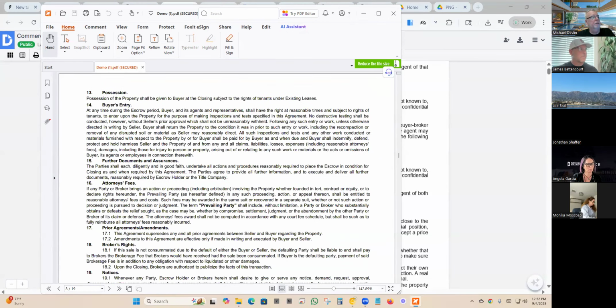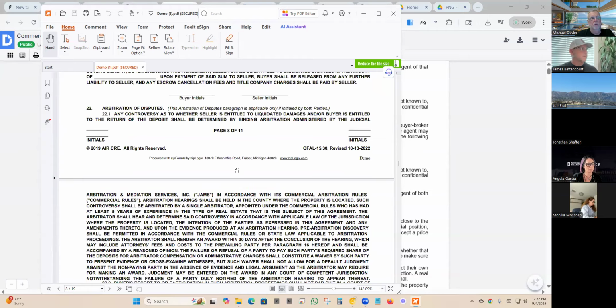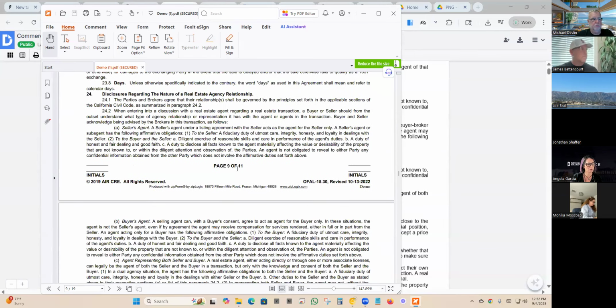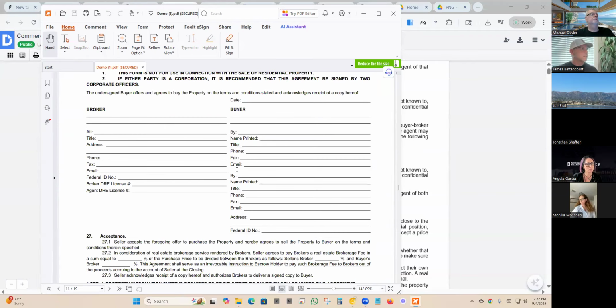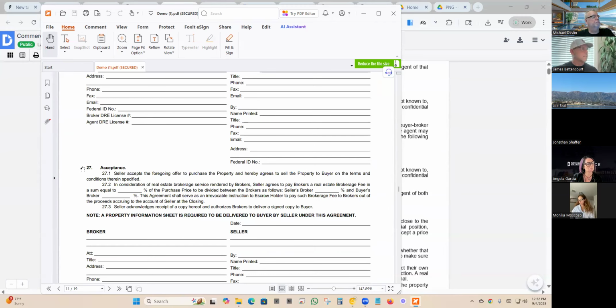So I was hoping to keep this about the California Association of Realtors purchase agreement, because there's a lot that's different between the two. But if you look at paragraph 27, which I think you can see, I found my copy. When seller agrees to pay brokers a real estate fee in a sum equal to a percent of the purchase price divided as follows.